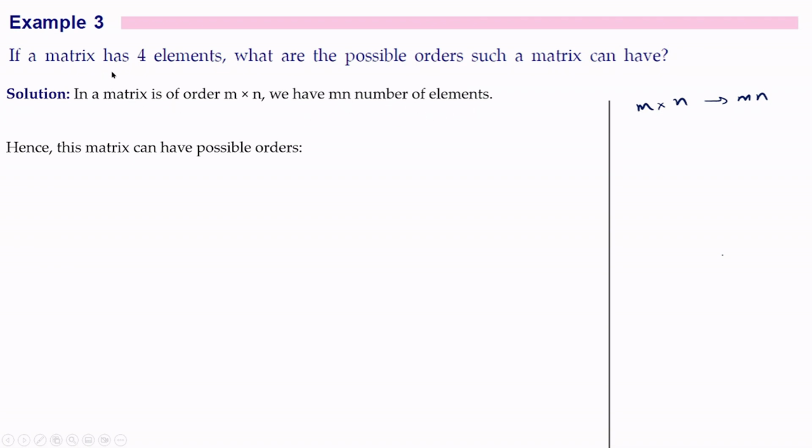So if a matrix has 4 elements, the various possible orders are the number of ordered pairs which can be formed by the factors of 4. So we can have 4 as 1 into 4, 4 into 1 and 2 into 2. So we can have the various orders for this matrix as 1 by 4, 4 by 1 and 2 by 2. So these are the possible orders.